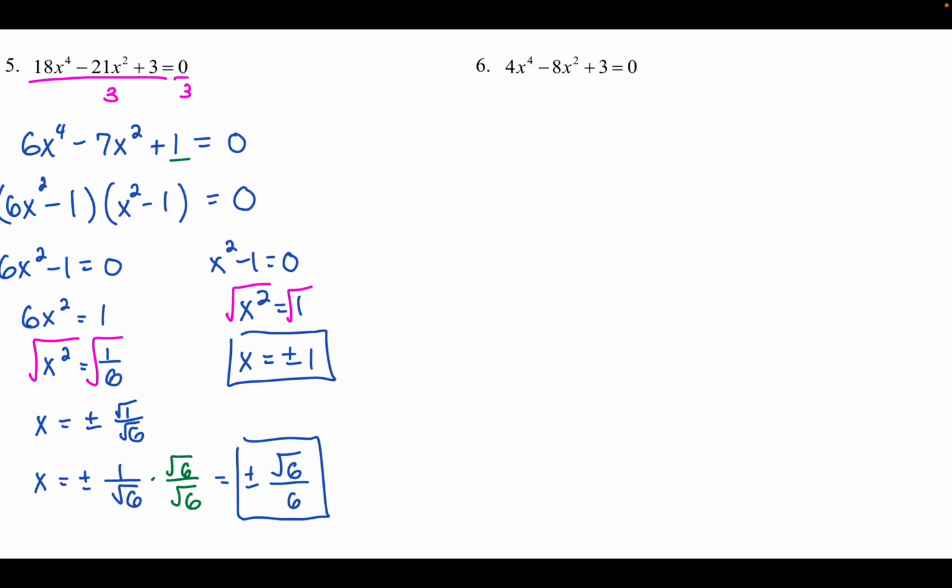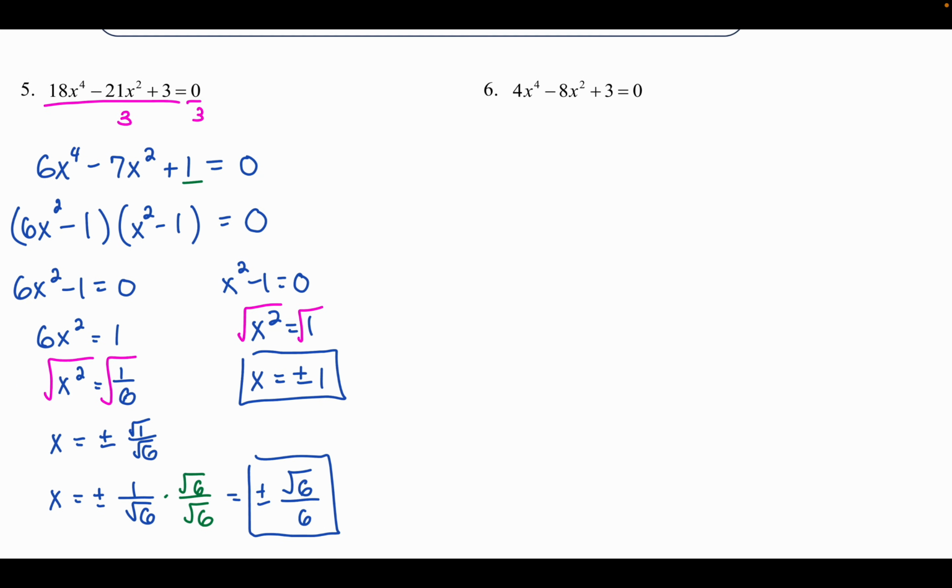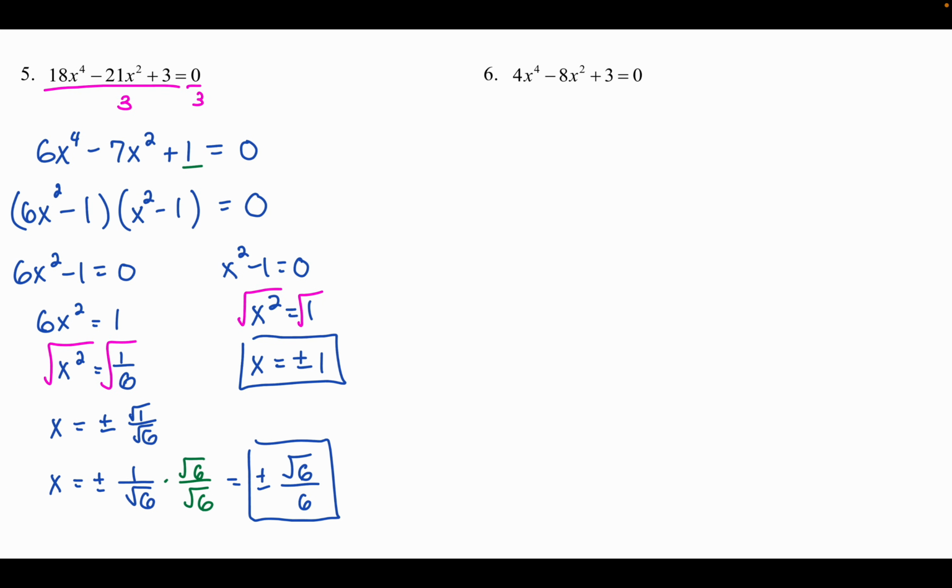In my next problem, I should also get 4 solutions because problem number 6 is also degree 4. This one, I have no GCF, so I just need to go ahead and factor. I encourage you to pause the video and take a moment to try and figure out the factors yourself.